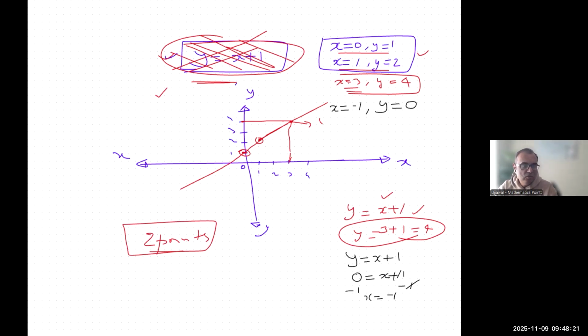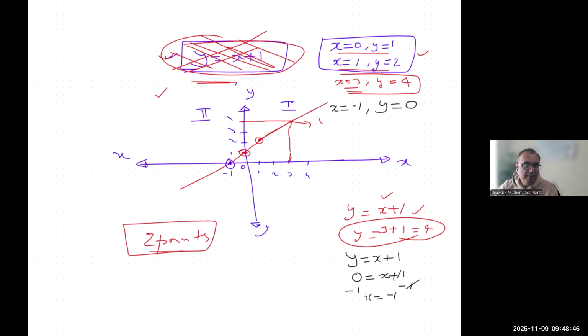Y being 0, that's the point here. That's -1. Now all of a sudden we have come to the second quadrant from the first quadrant. We've gone past the boundaries of the first quadrant.